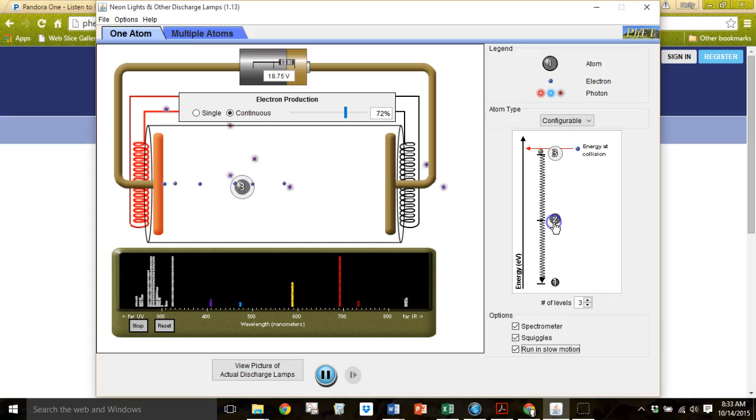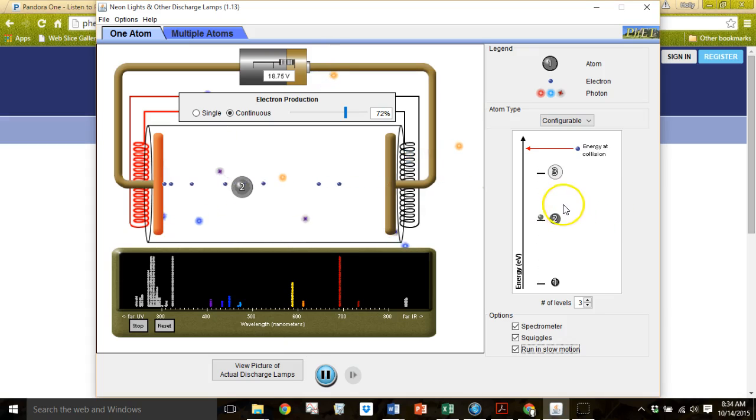Let's make this atom A. We'll make this atom B. We can use this to answer number 5 as well.